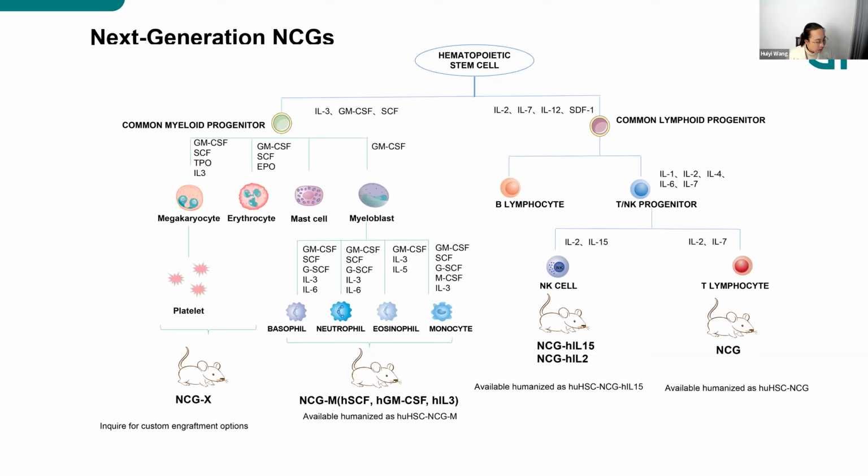To solve this problem, to support NK cell development we developed the NK-IL-15 mouse model, and to support myeloid and Treg cell development, we developed the NCGM mouse model.